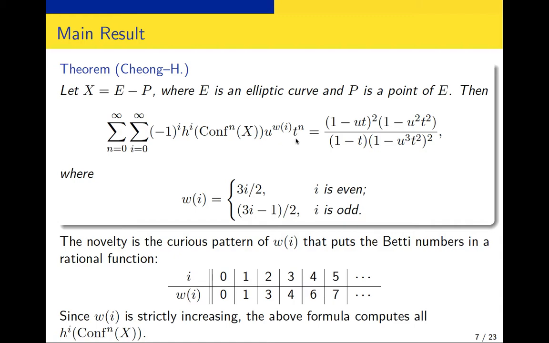And then it is imaginable that if we try to extract the coefficients directly from the generating function, you will get some very complicated combinatorial formula. And also note that since the weight is decreasing, this theorem alone can recover all the relevant numbers here.